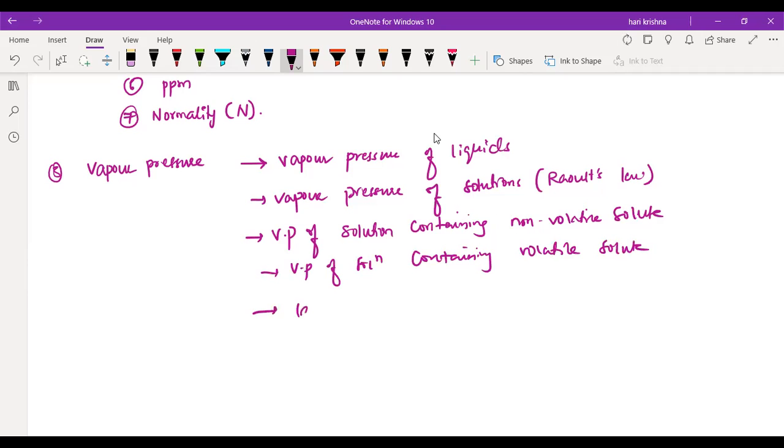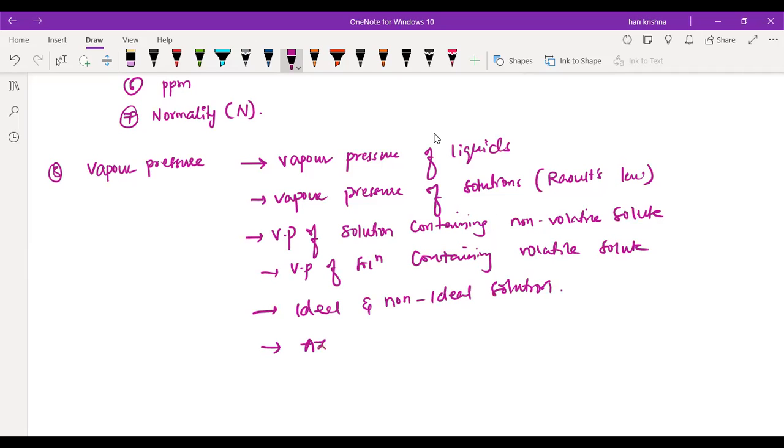Next, ideal solution and the non-ideal solution. Whichever solution obeys Raoult's law, that is the ideal. Whichever solution does not obey Raoult's law, that is the non-ideal solution.